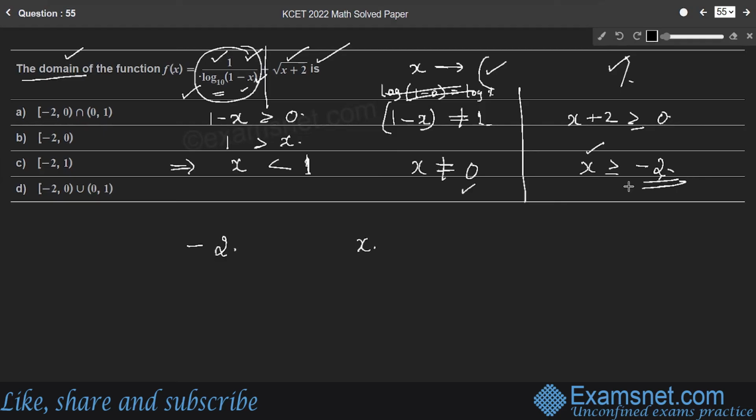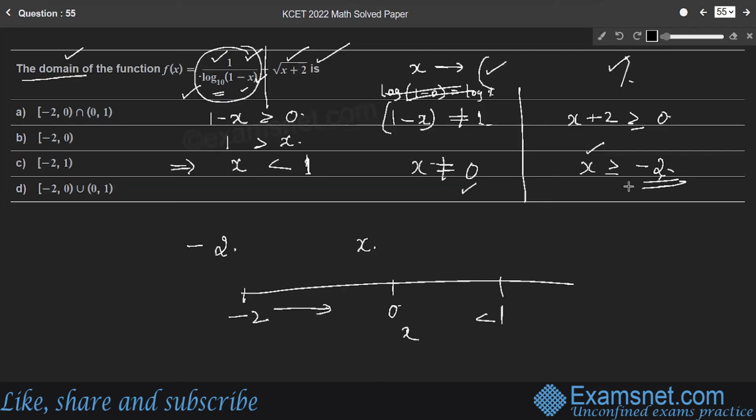But x cannot be equal to 0. If you take the values on a number line, minus 2 will be here, 0 comes somewhere here and 1 comes somewhere here. Here x should be strictly less than 1, and the value of x cannot be 0. So it can be minus 2 or greater.